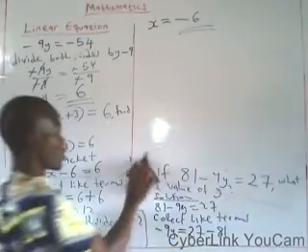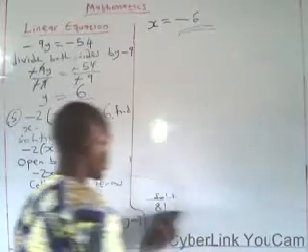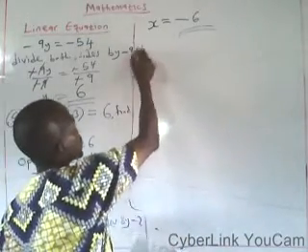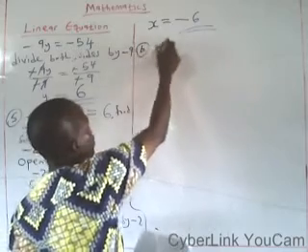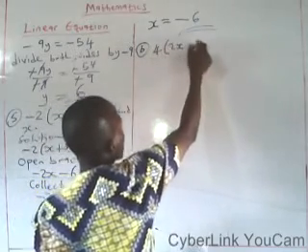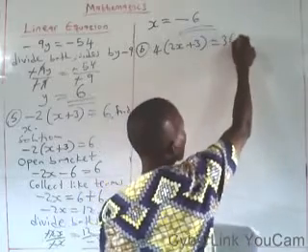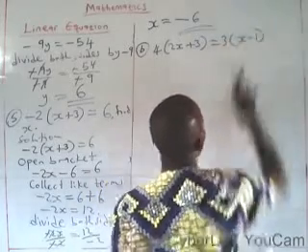The other example, which is example number 6, we also have something that has to do with brackets. 4 into brackets 2x plus 3 is equal to 3 into brackets x minus 1.